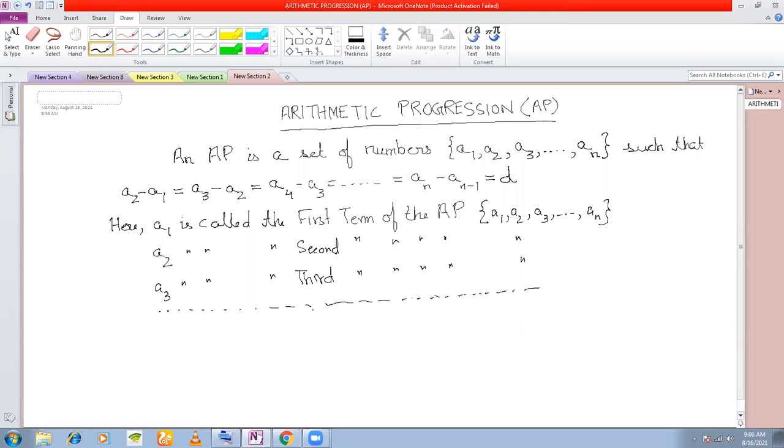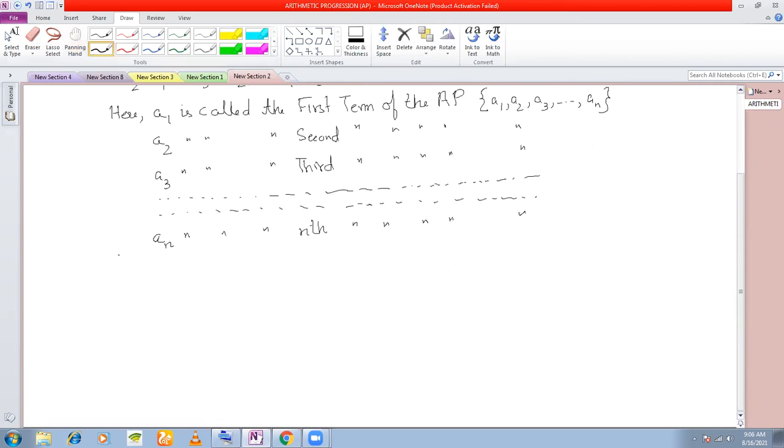fourth term, fifth term, and so on, then AN is called the nth term of the AP. Okay, and D is called the common difference of the AP.